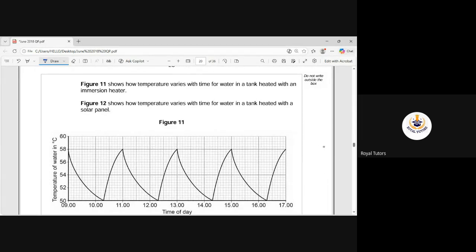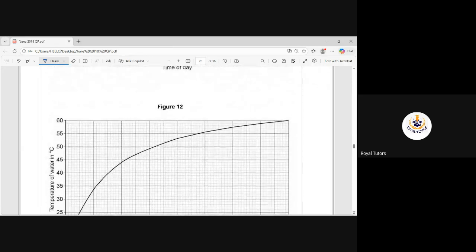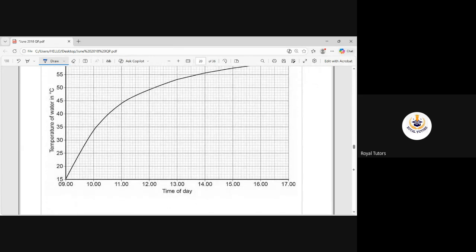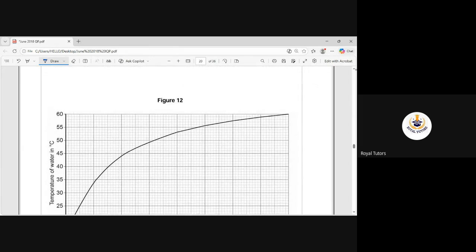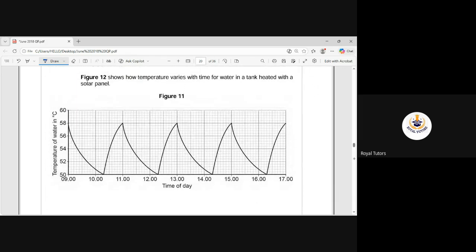You can see from the figure the temperature of water in degrees Celsius, and at the same time you can see the time of the day. If you look at figure 12, you can see that as well for the solar panel, and the way the graph is drawn compared to the first one.